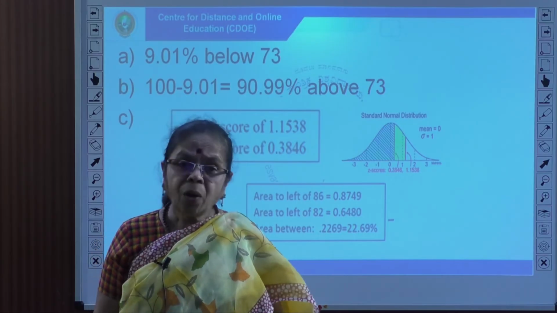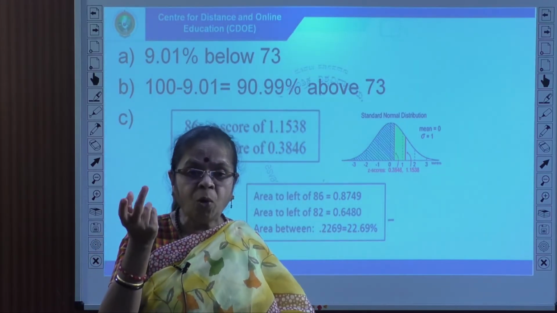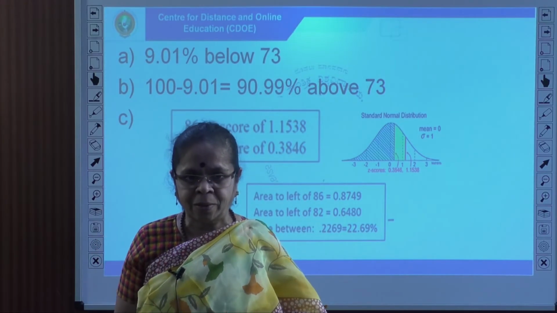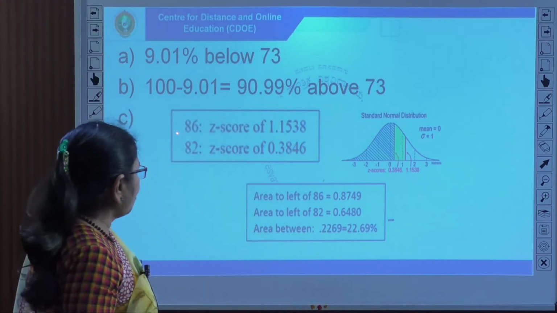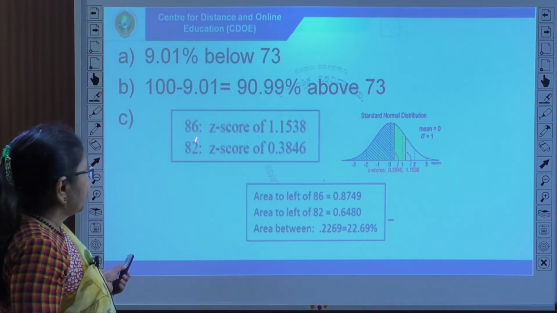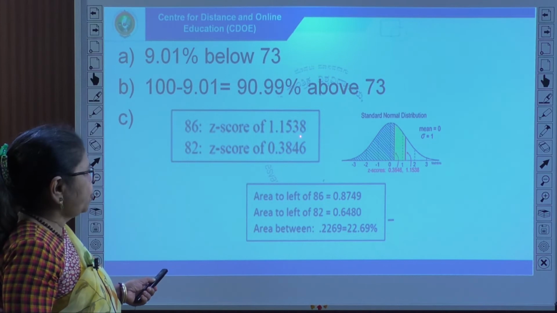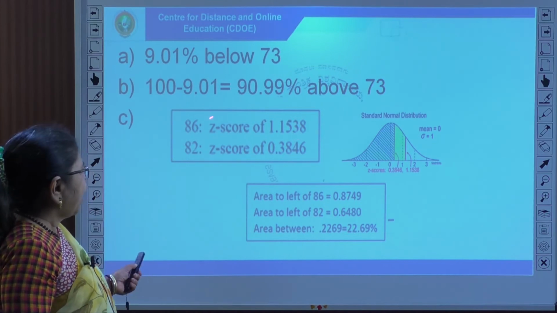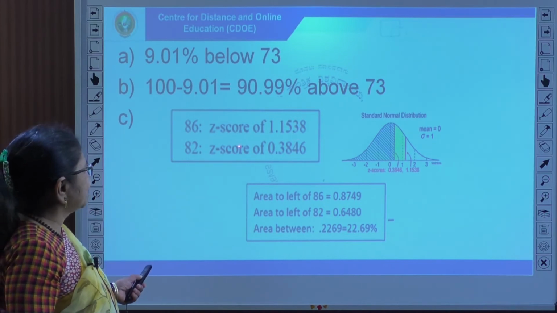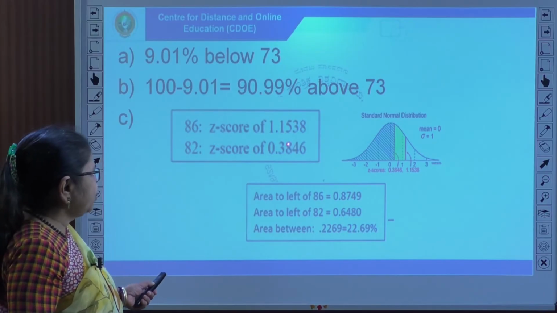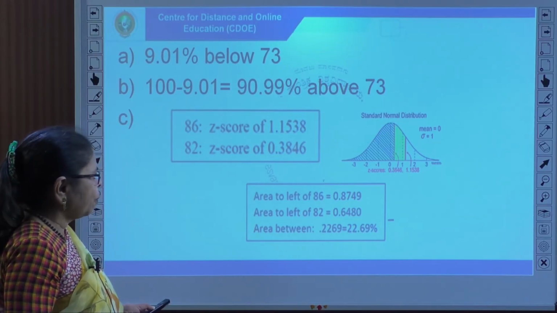Right. Now, there is the third part of the question, how many have got between 82 and 86? So, the Z score of 86 is 1.1538 and the Z score of 82 is 0.3846.